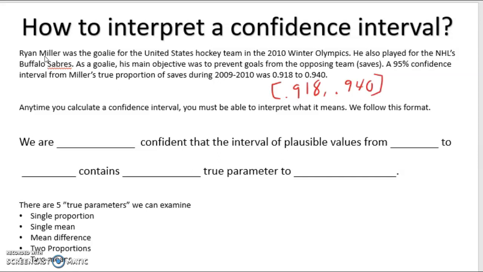So notice that I wrote the interval in a different way. In words, I can say a number to another number. But when we actually talk about a confidence interval and calculate it, you want to use brackets separated by a comma, with the lower boundary on the left and the upper boundary on the right. This is the format that you're going to use for interpreting the confidence interval.